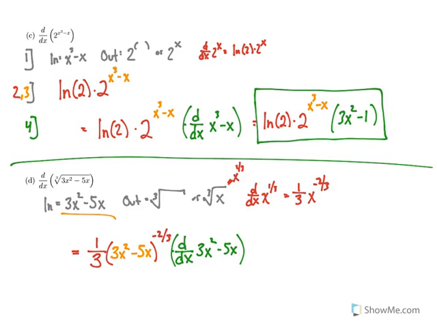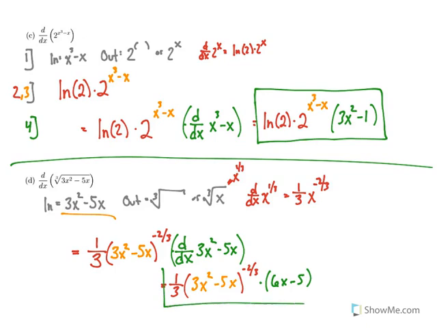Since I have this derivative here, I have to take care of it. So our final answer will be 1/3 (3x squared minus 5x) to the negative 2/3, times that derivative, which is 6x minus 5, 2 applications of the power rule.